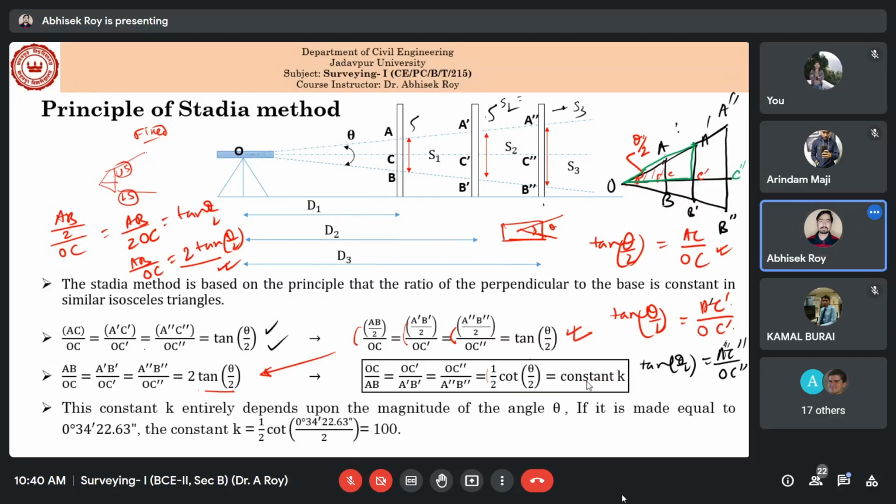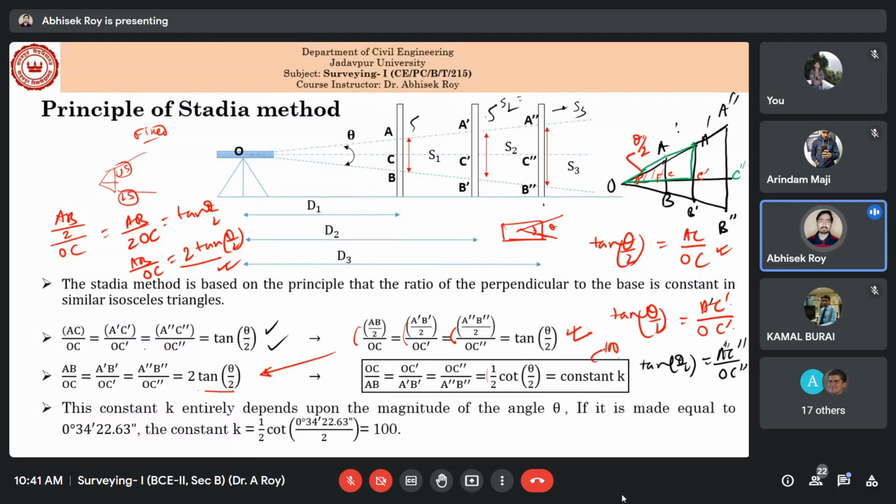Now, normally, to calculate OC, if our constant k is such that our calculation will be much faster, we can make this constant 100.